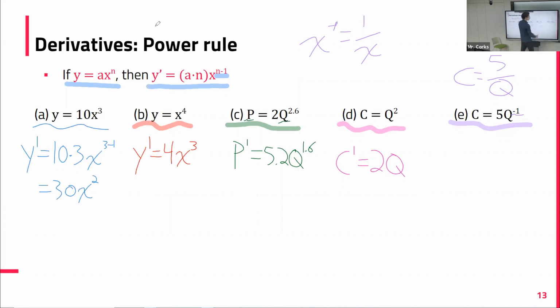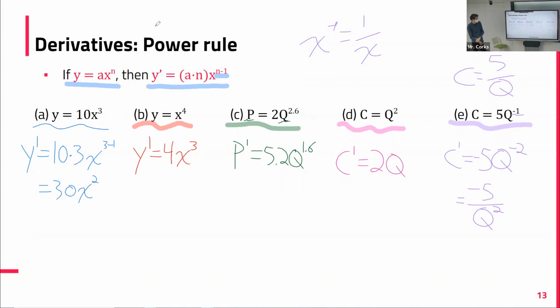as a negative exponent. So our derivative would be C prime equals -5 Q to the -2. Okay, and again, let's say I don't like the negative exponent. How could I rewrite this? Okay, so -5 over Q squared.